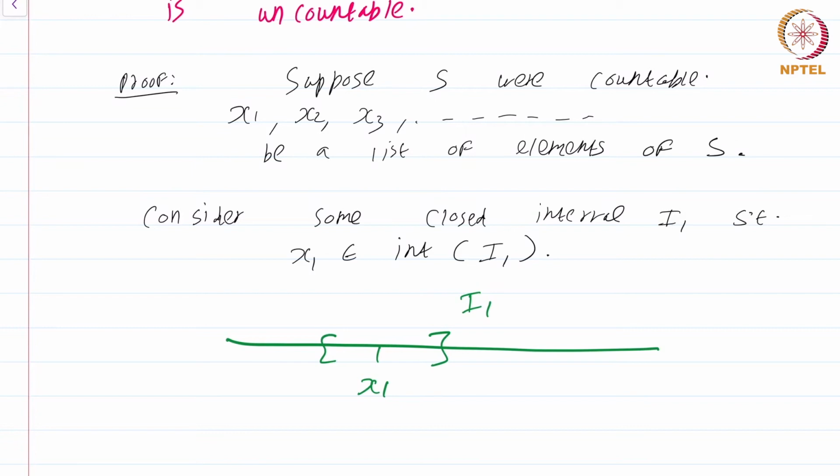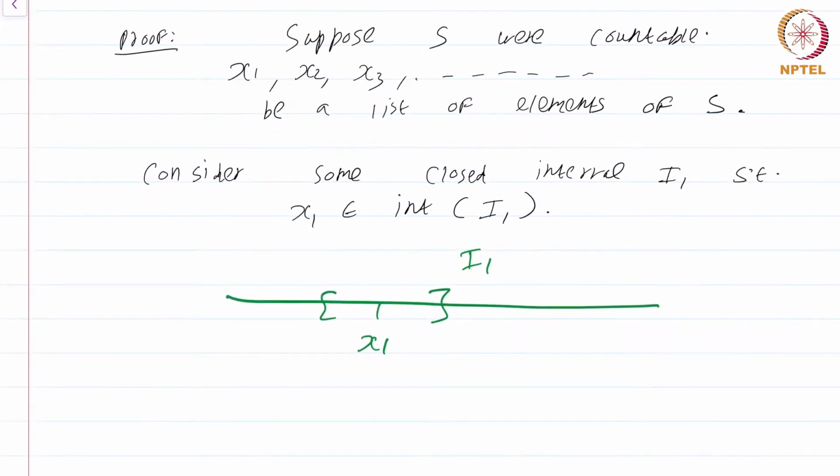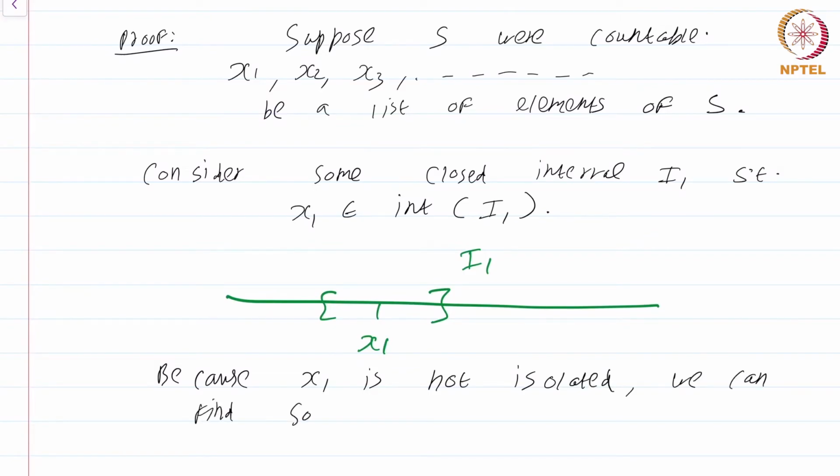Now because x1 is not isolated, it's a limit point, we can find some y1 in this set S such that y1 is in the interior of I1 and y1 is not equal to x1.